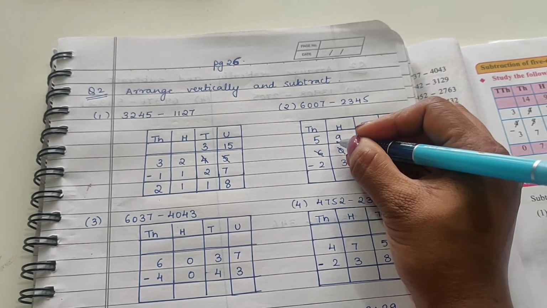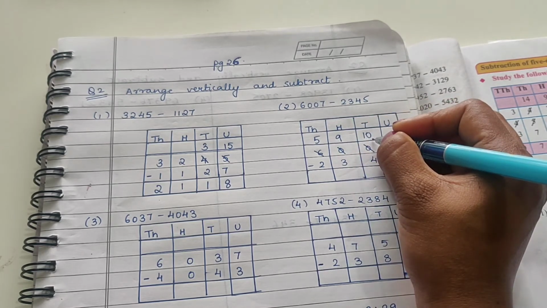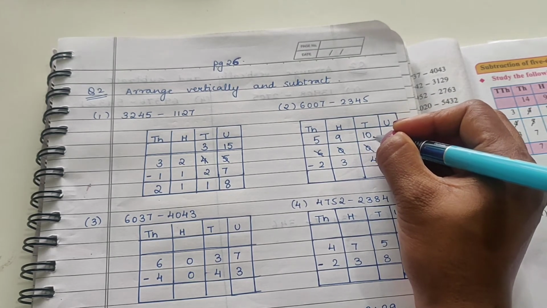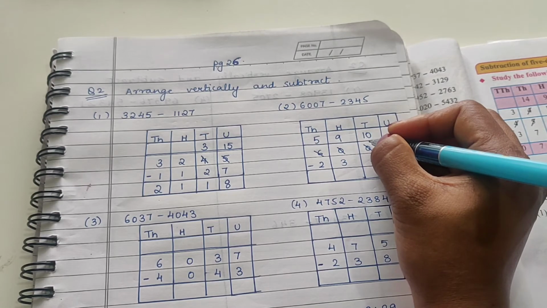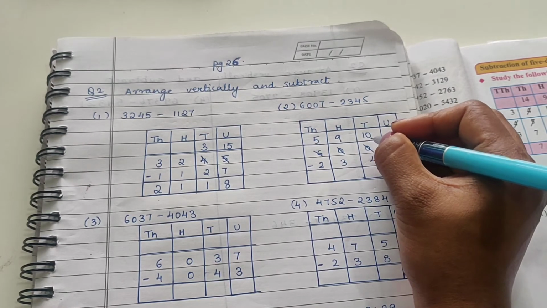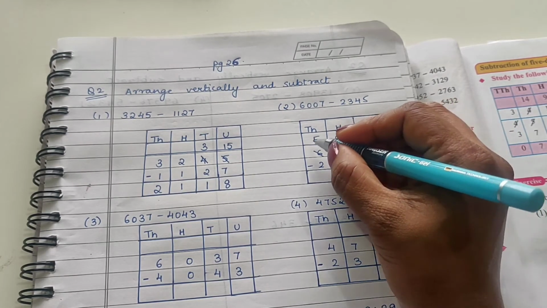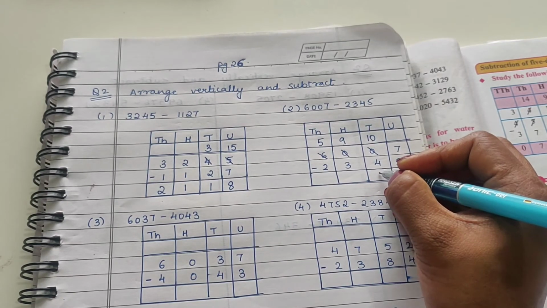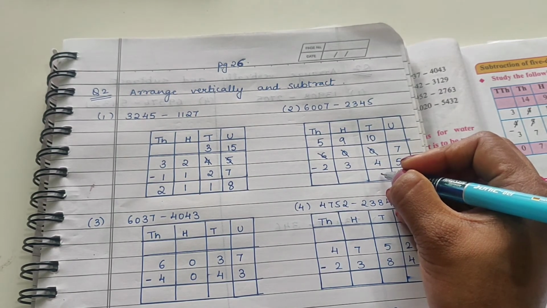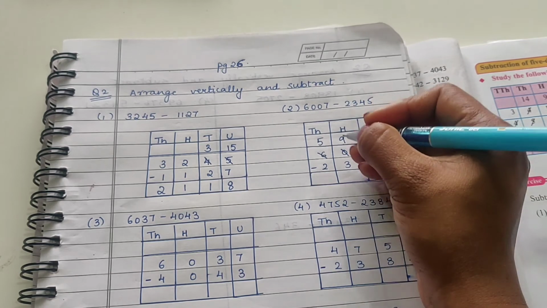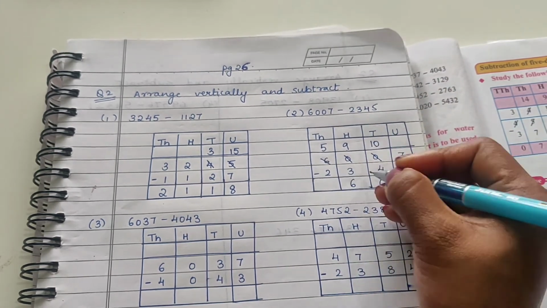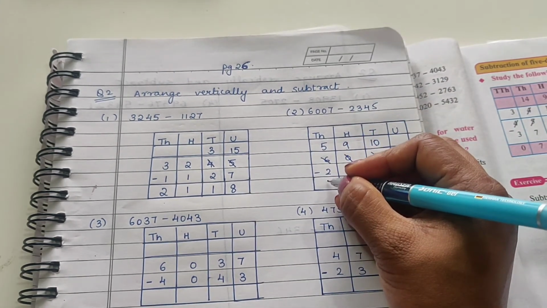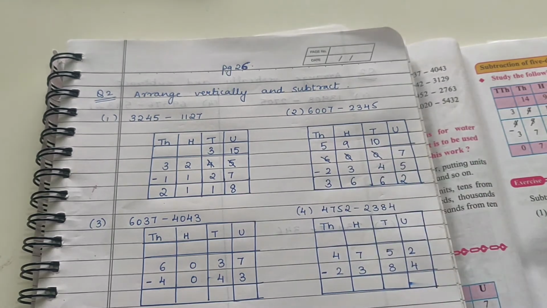Because here it will become 10, then again it will pass 1 to its neighbor. So it will become 10, 9, 5. 10 minus 4 is 6. 9 minus 3 is 6. 5 minus 2 is 3. Right?